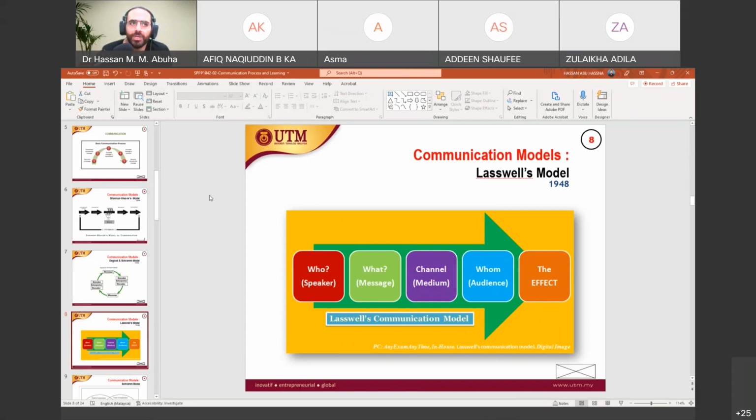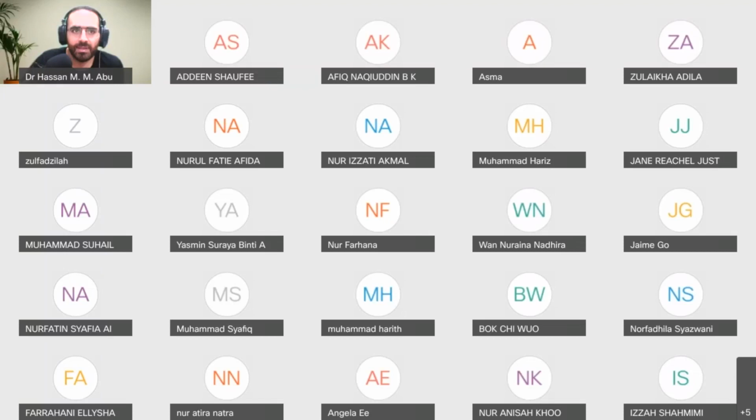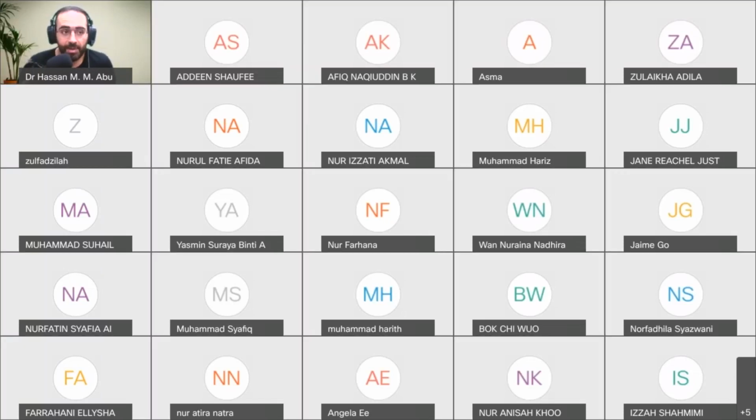You don't have to do it through Word. It's very, very simple. You can answer through Word and upload your file, no problem. But remember, I don't want to see a copy and paste answer. I want to see your understanding about this model. You are free to choose any model and then adapt it in your classroom.